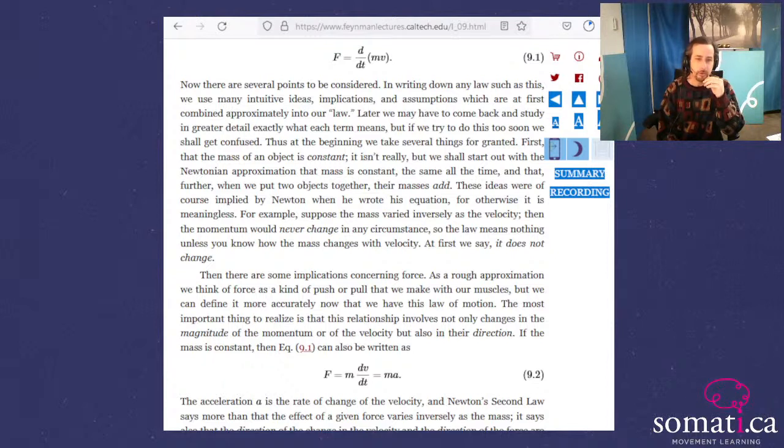So if the mass is constant, and additive, then you can pull the m out of that and just write the change in velocity with time, which is the acceleration. So that's how you get F equals ma, equation 9.2.